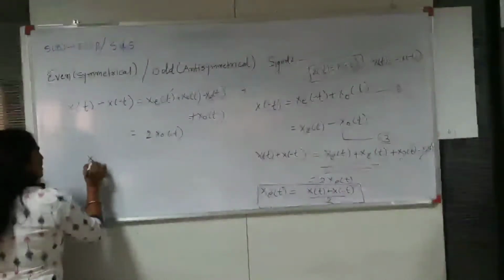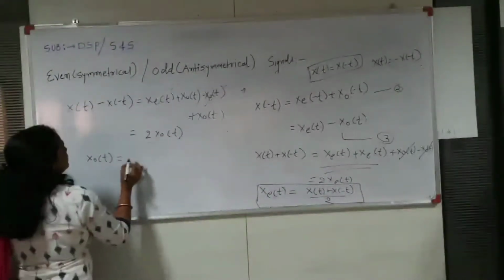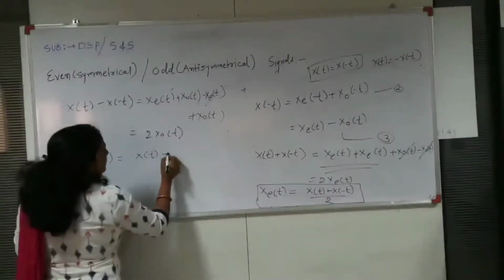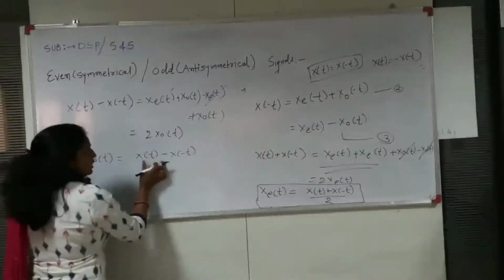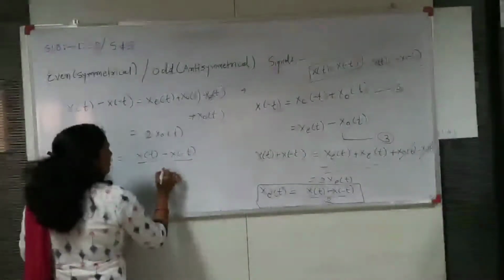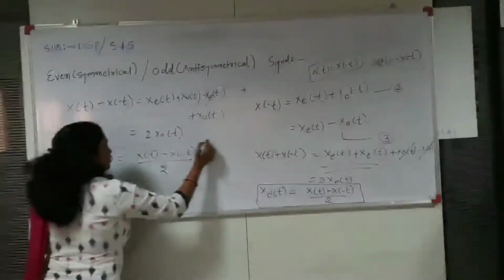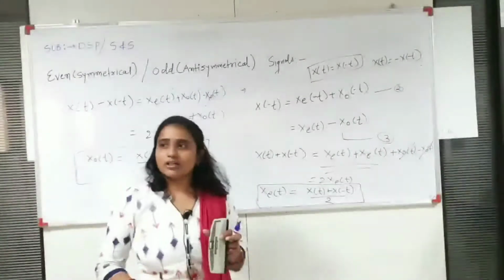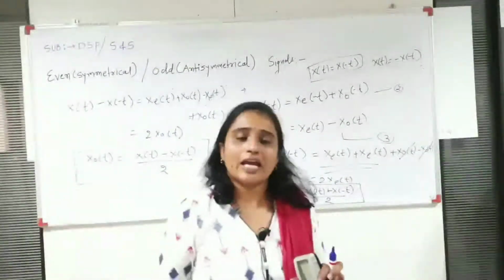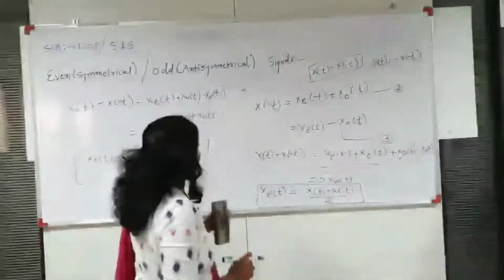From this we can say that the odd component of the signal is the subtraction of two signals, the original and the time reversal signal, divided by 2. This is another important formula for finding the even component and odd component of any general signal.